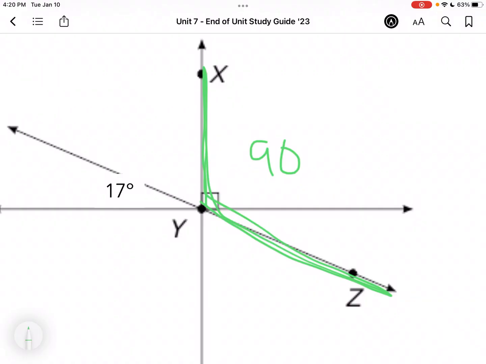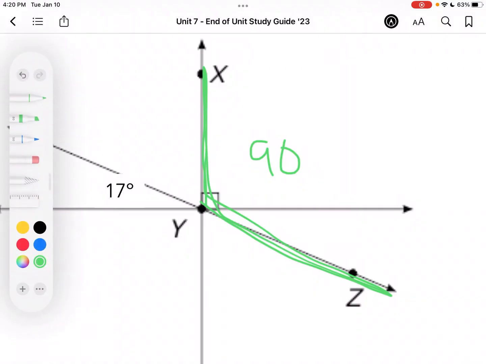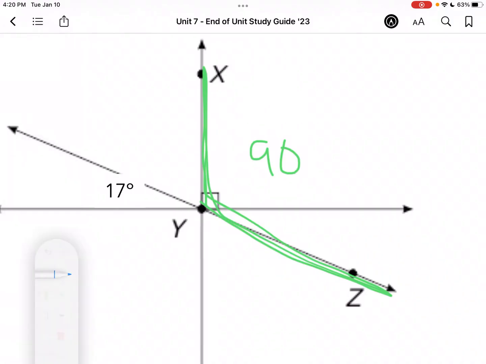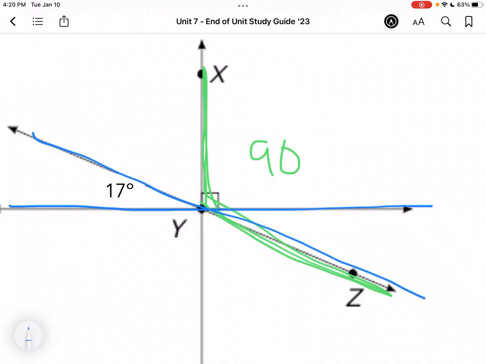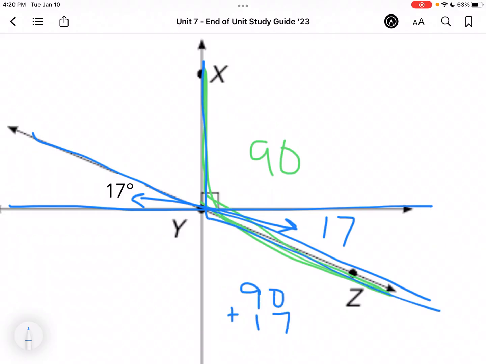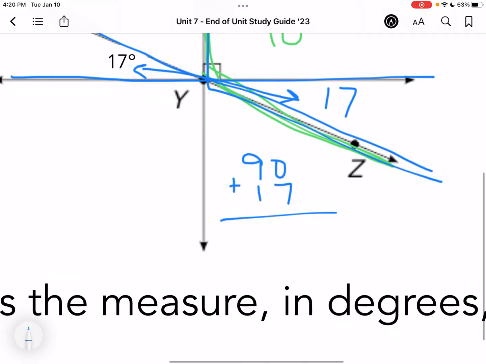And then I know that these two are vertical angles, so this is 17. So that means that this whole angle would be 90 plus 17, which would be 107 degrees.